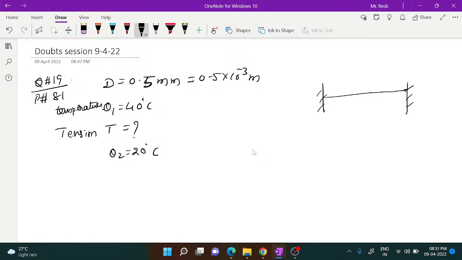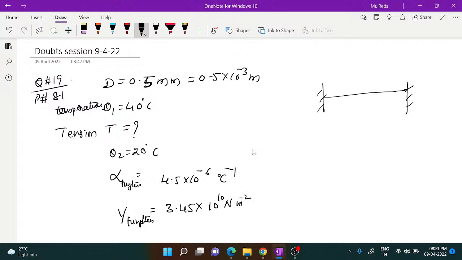Given that the coefficient of linear expansion of tungsten, with symbol alpha, is equal to 4.5 into 10 to the power minus 6 per degree Celsius. Next, Young's modulus of tungsten is equal to 3.45 into 10 to the power 10 Newton per meter square.